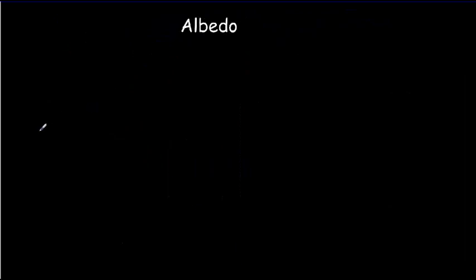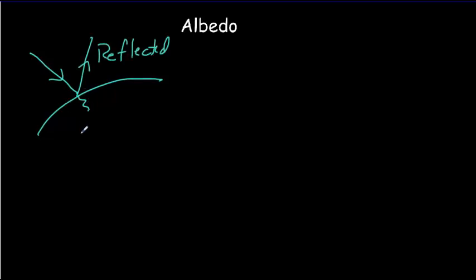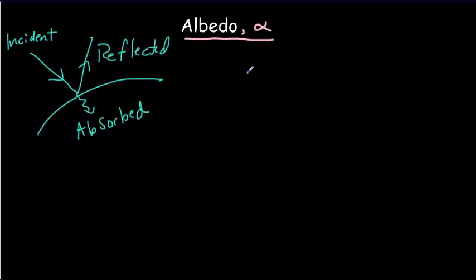We were saying how for a gray body, some of the incident light is reflected and some of it is absorbed. So a certain fraction of the incident radiation is reflected and a certain fraction is absorbed. We have a quantity here called the albedo. We use a Greek letter alpha for it.